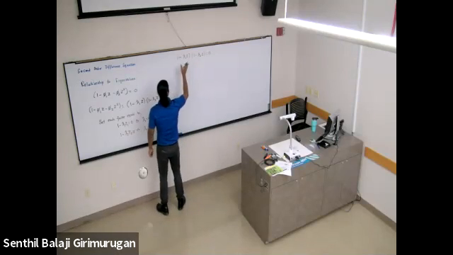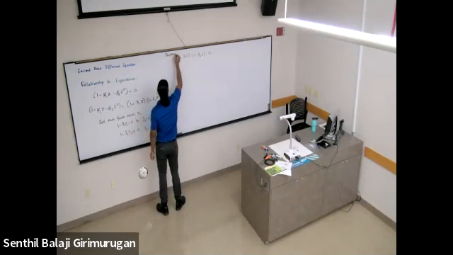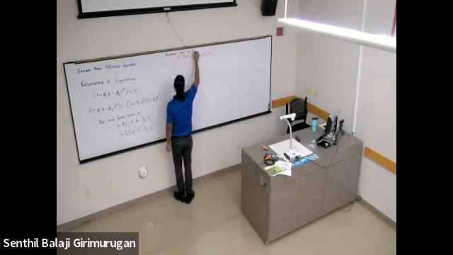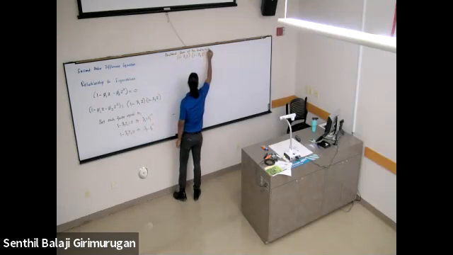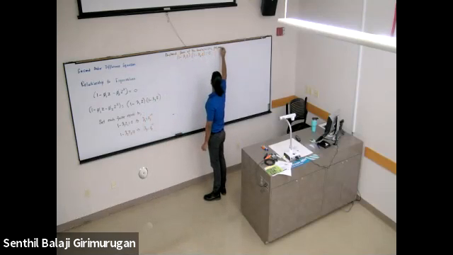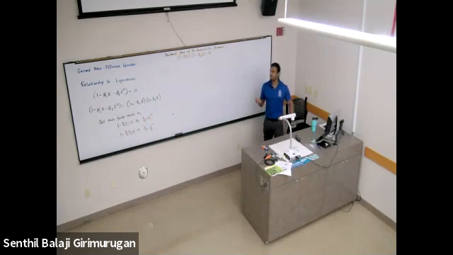Going back to the factored form of the characteristic polynomial, which is simply 1 minus lambda 1 z multiplied by 1 minus lambda 2 z.